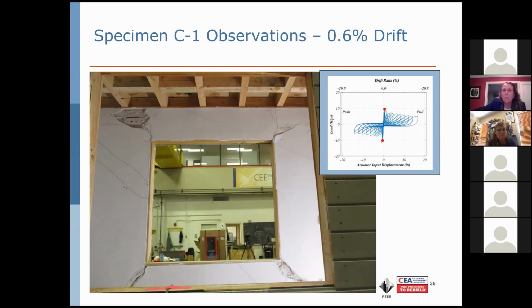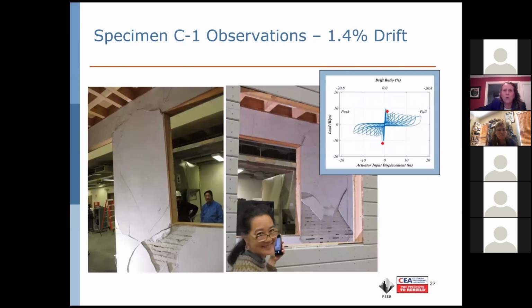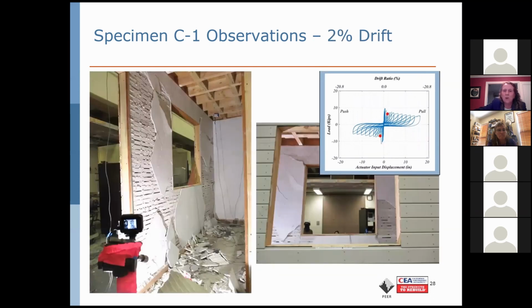By 0.6% drift, we were starting to get very noticeable spalling. By 1.4% drift, we were getting large sections of the plaster on the interior falling off. And by 2% drift, which is pretty early on when we went up to about 17, we had just piles of plaster on the interior.